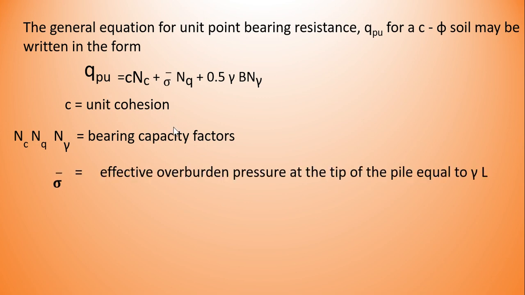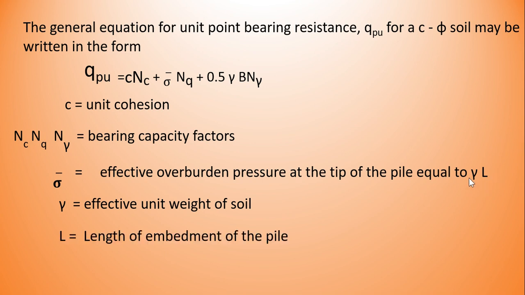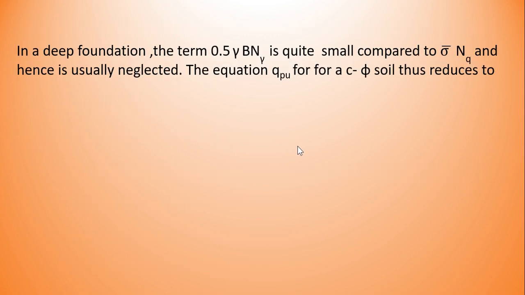Sigma bar is the effective overburden pressure at the tip of the pile equal to gamma L, where gamma is the effective unit weight of the soil and L is the length of embedment of the pile. B is the width or diameter of the pile.